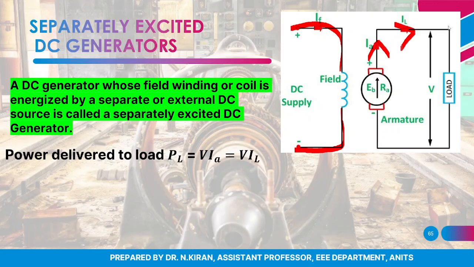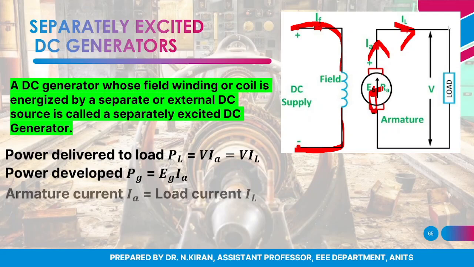So the power delivered to the load can be given by V into IA or V into IL. The power developed in armature is given by EG into IA. Pardon me, this is not EB, this is EG. So EG into IA. And as I already mentioned, armature current IA is equal to load current IL.